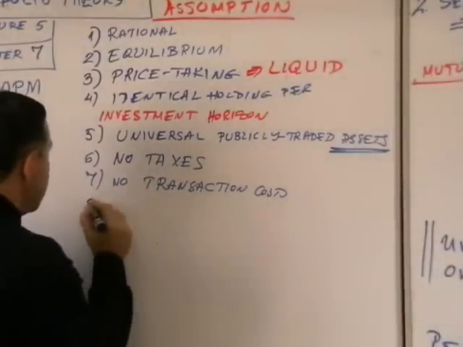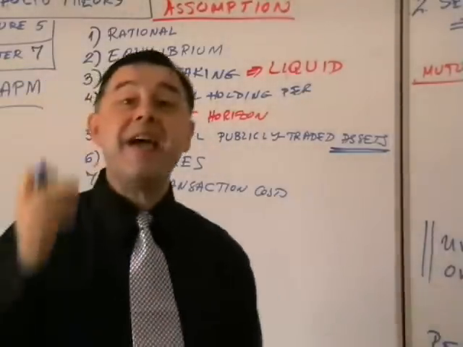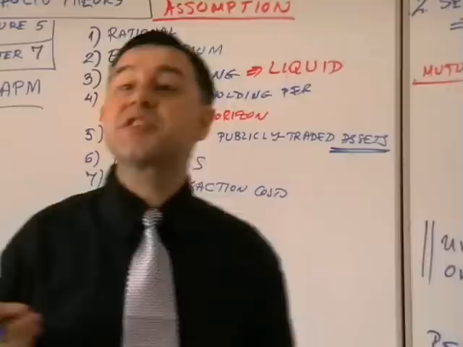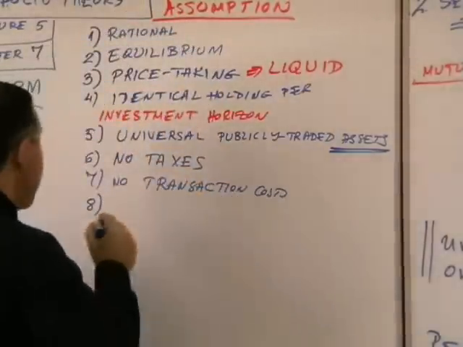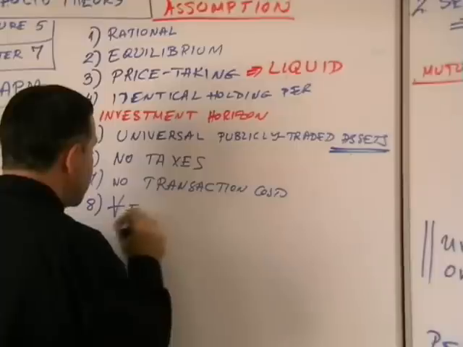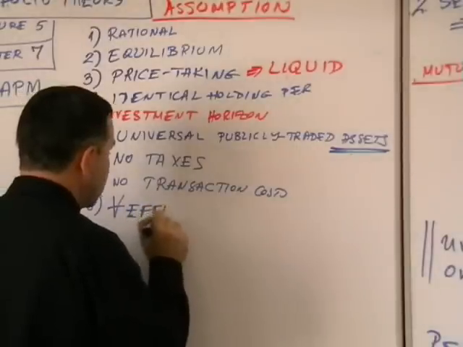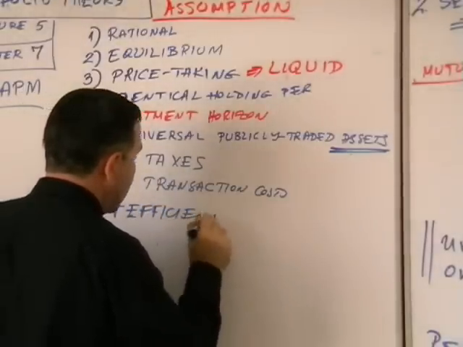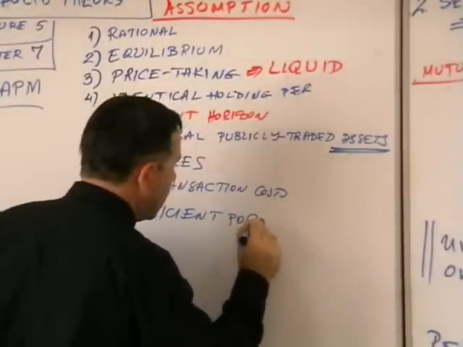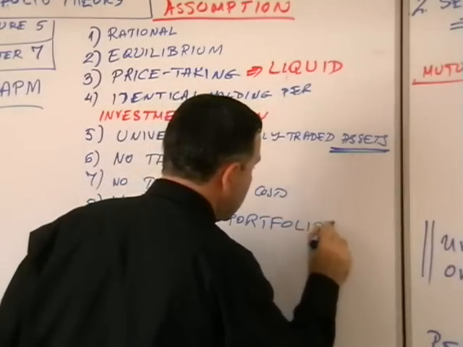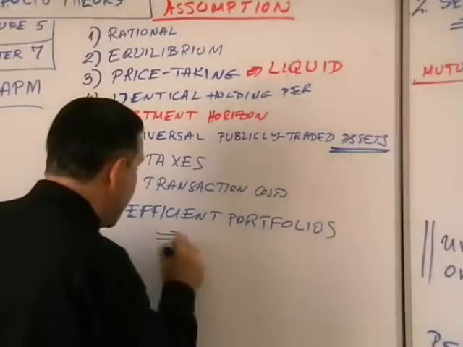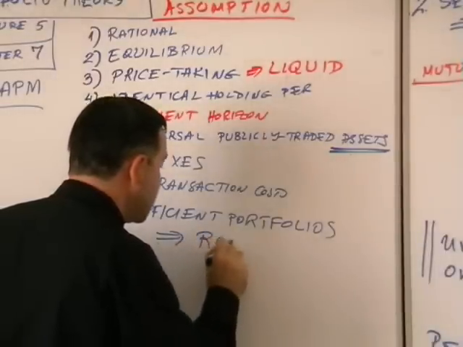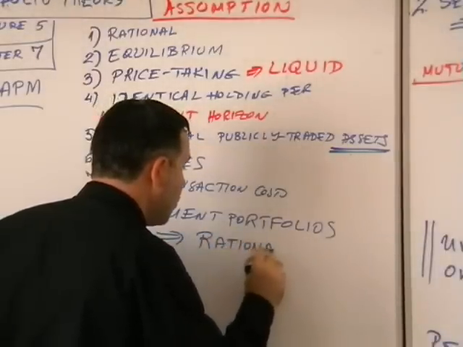The next one is everyone is constructing efficient portfolios. So everybody makes efficient portfolios, which also implies that everyone is at the same time rational.